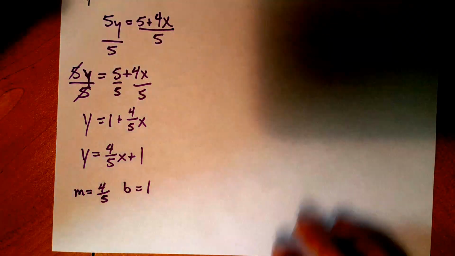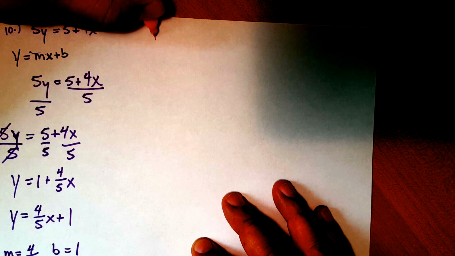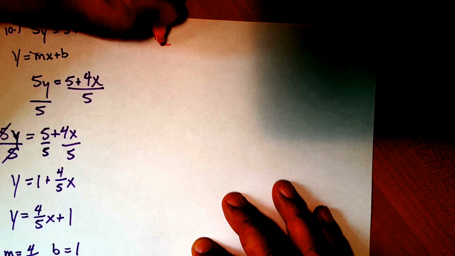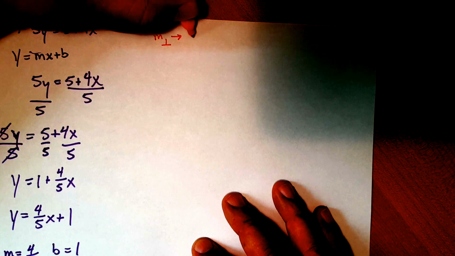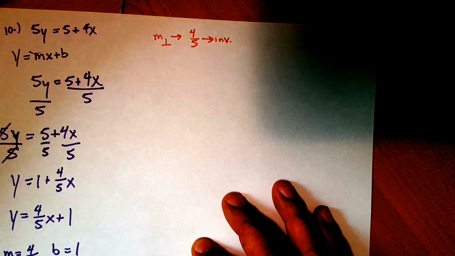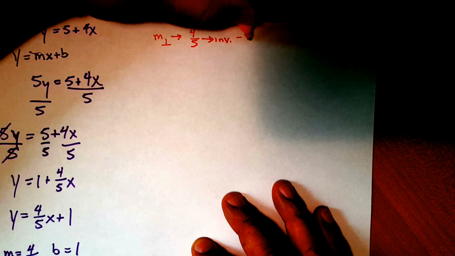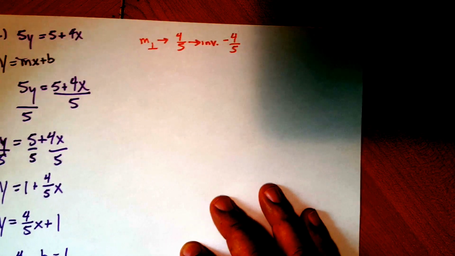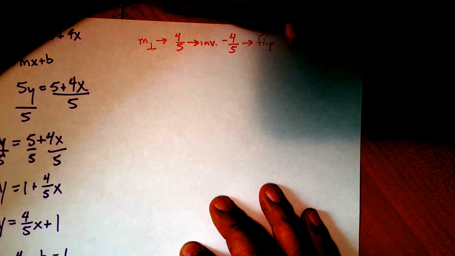And again, taking a look at the slope of our perpendicular line, we know that our original slope is 4/5. So we're going to do our inverse, which gives us, since this is positive, a -4/5. And then we are going to do our reciprocal, or our flip.